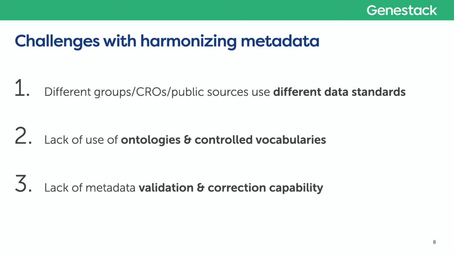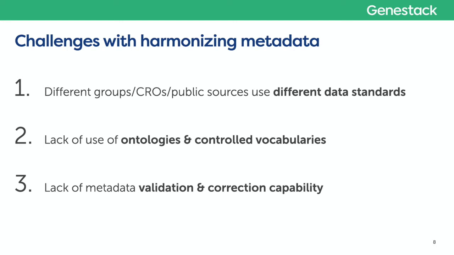Even if this is all sorted, when you receive the file, you may realize there is a lack of ontologies and controlled vocabularies. For example, a patient sample can be labeled as lung cancer or lung adenocarcinoma, which actually refer to the same patient samples, but from different CROs or different groups.